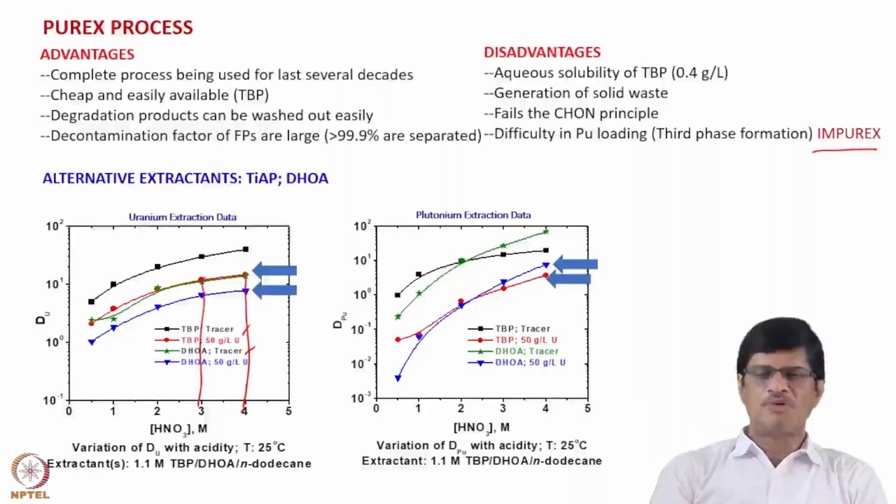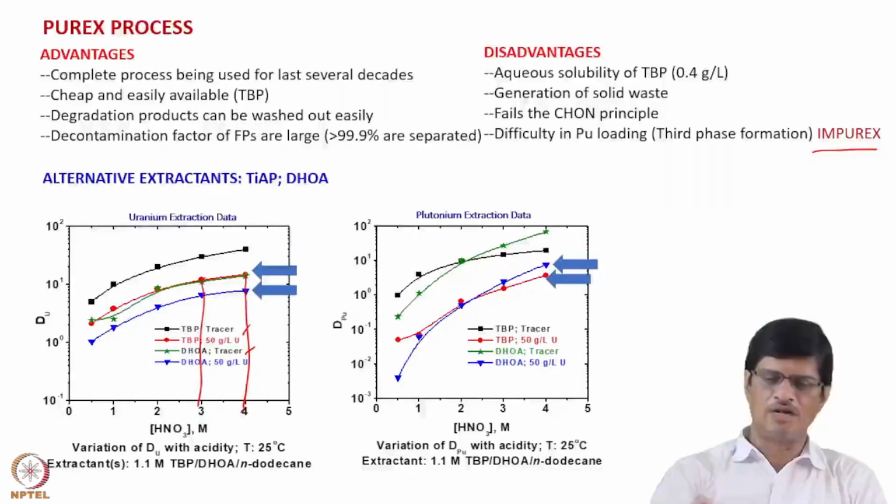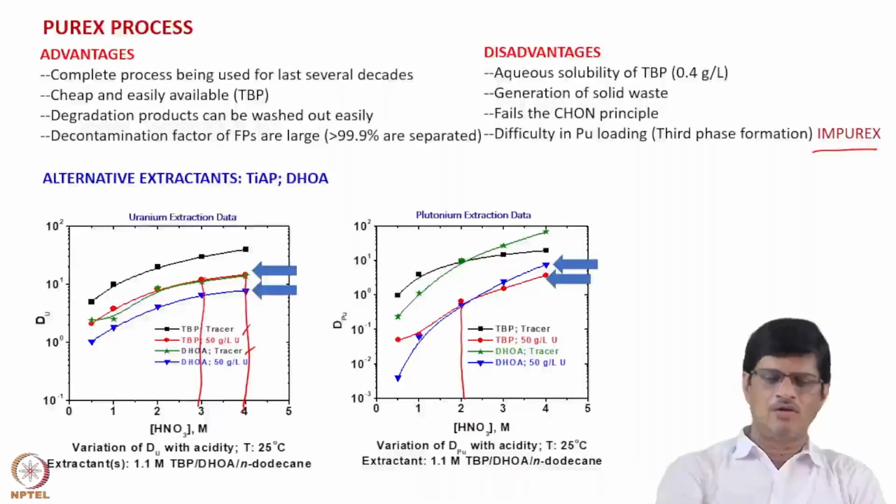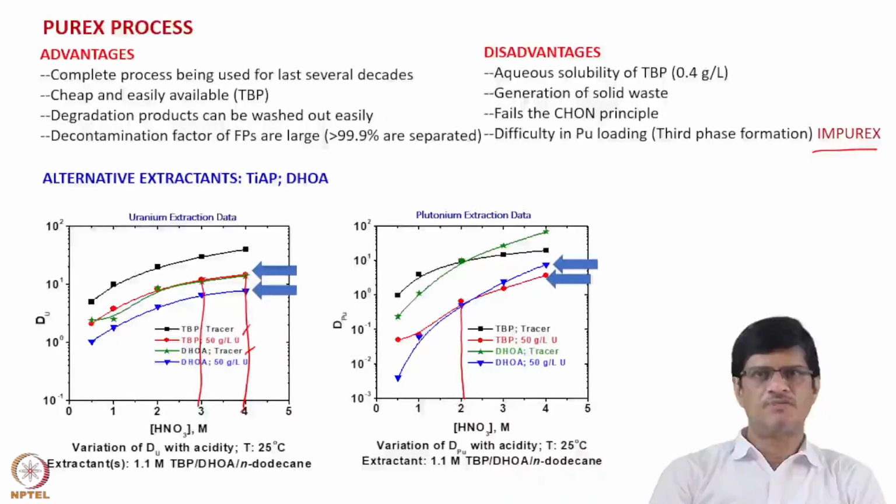On the other hand, the plutonium extraction data is given in the right side figure, where a very interesting observation has been made. For TBP and DHOA under 50 grams per liter uranium loading, the data is given as the red line and the blue line respectively, and you can see that beyond 2 molar nitric acid, the extraction by DHOA is better than that of TBP, and below 2 molar nitric acid, the extraction by TBP is better than that of DHOA.